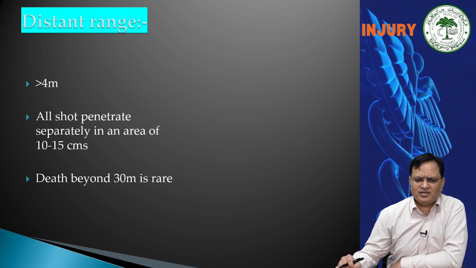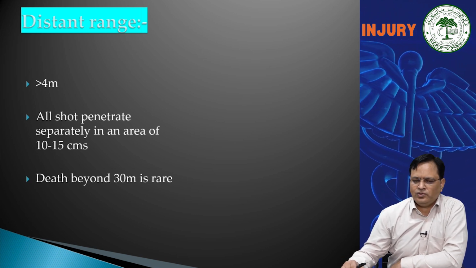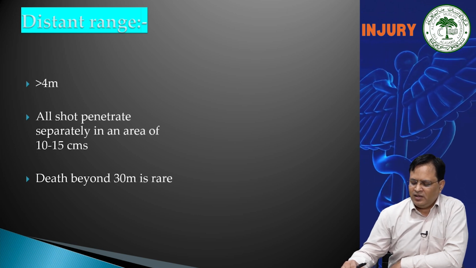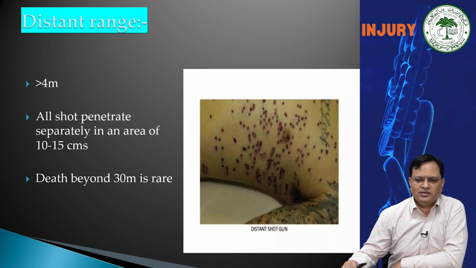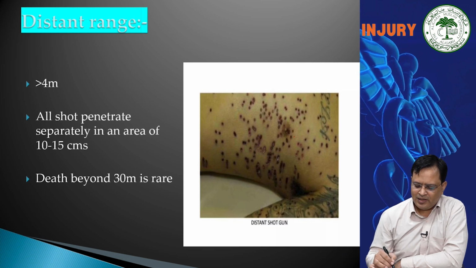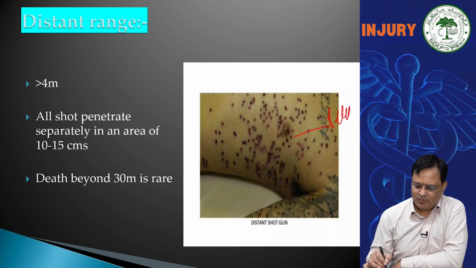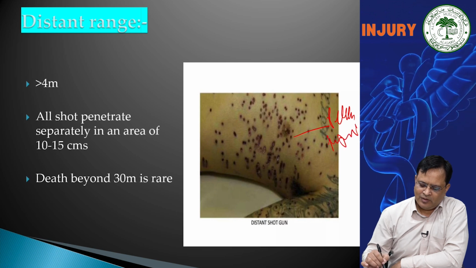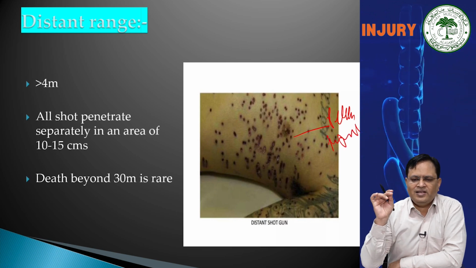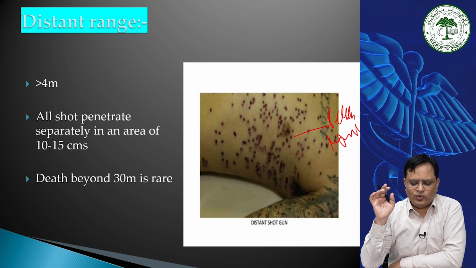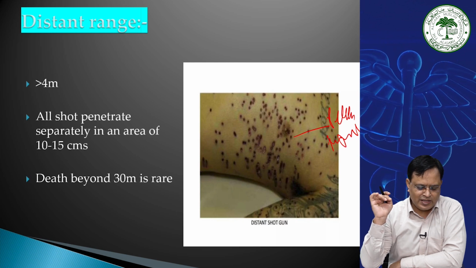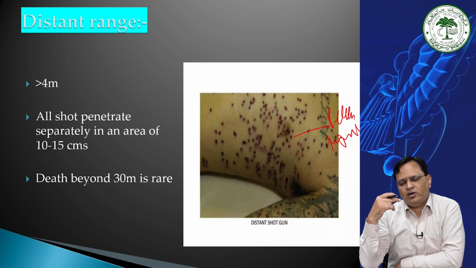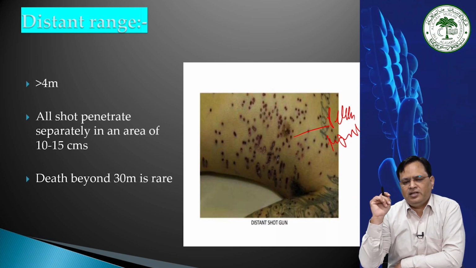But for short range, we generally use shotguns, which are very lethal in close range. Here you can see the multiple pellet injuries, each pellet showing its own injury. All shot penetrates separately in an area of 10 to 15 centimeters. That beyond 30 centimeters is very rare.